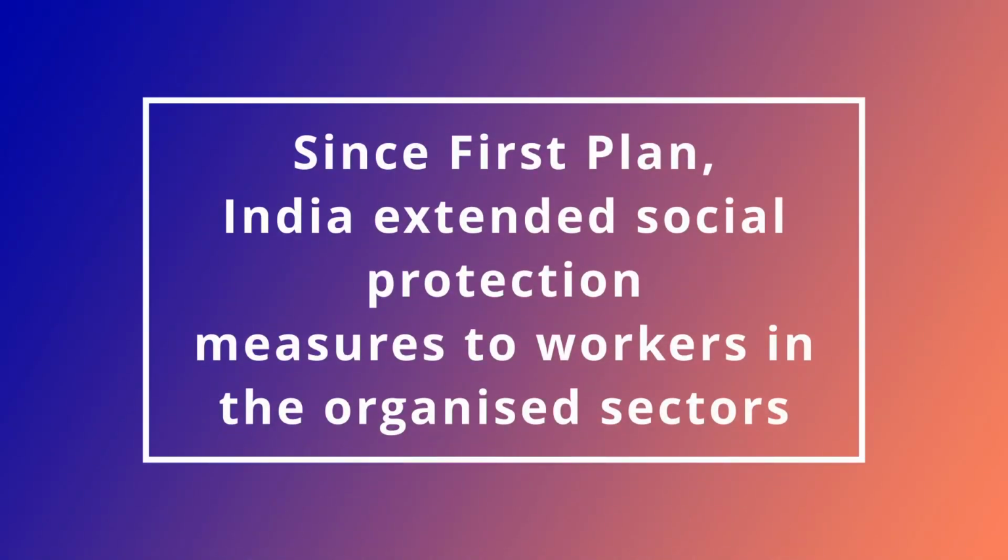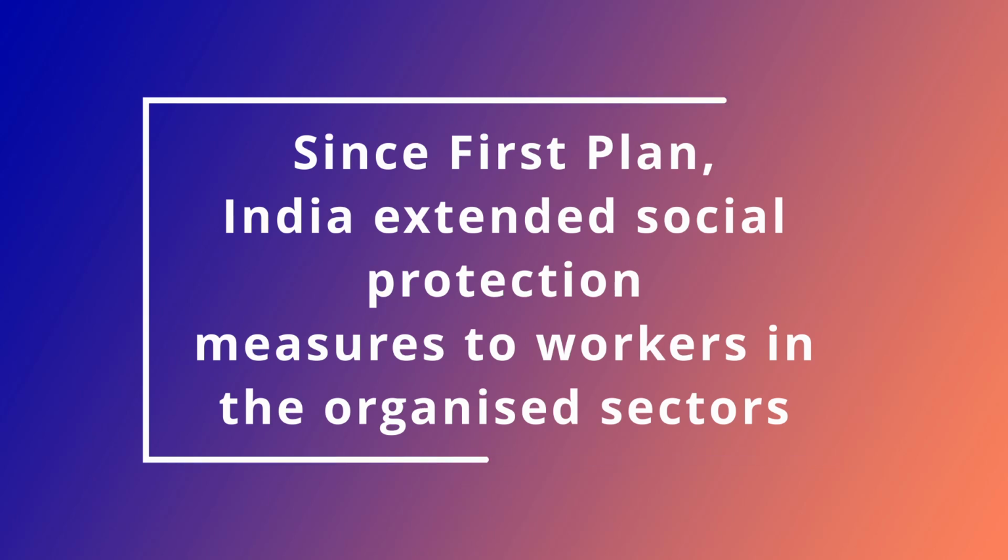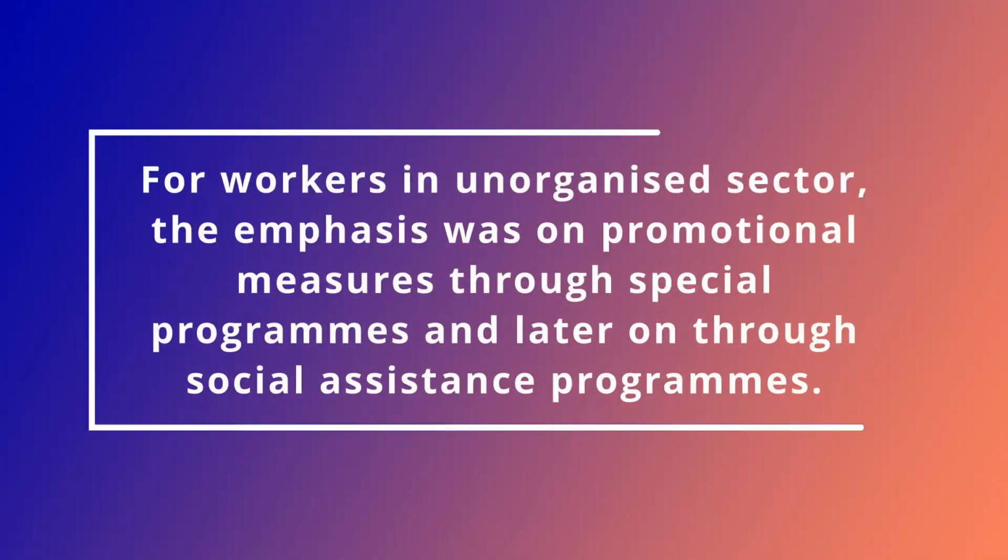But the problem is, from the first plan, we were focusing only on the organized laborers, that is, the white collar laborers. For workers in the unorganized sector, our basic emphasis was on promotional measures, that is, basic social security measures like food security and employment security.